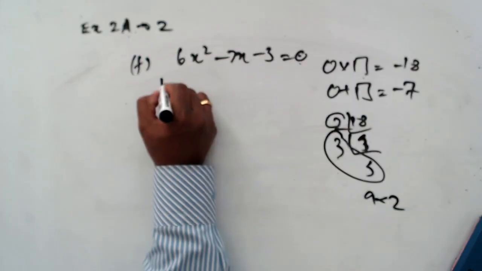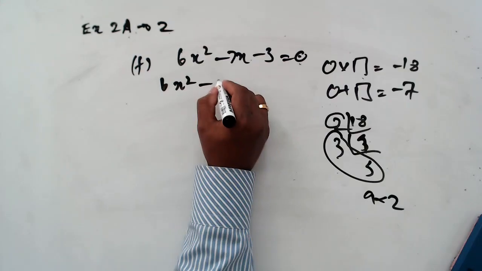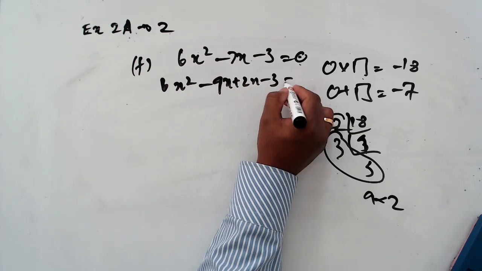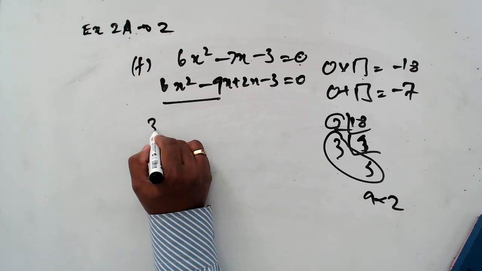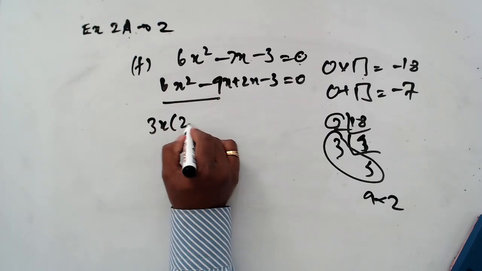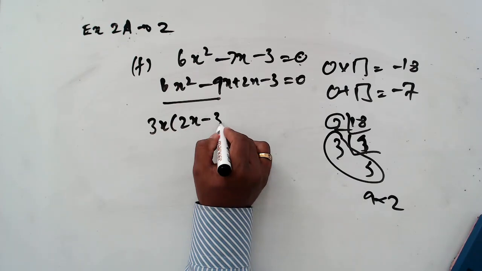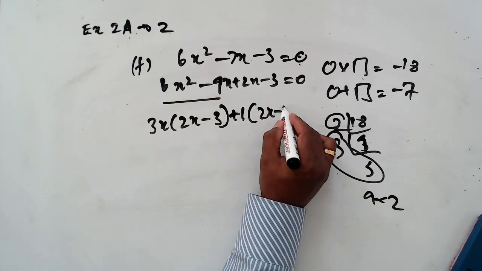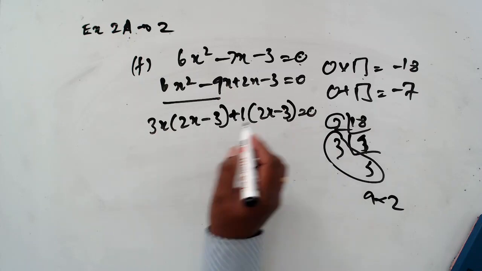So 6x square minus 9x plus 2x minus 3 equals 0. 3x is common. 2x minus 3, and plus 1 is common. 2x minus 3 equals 0.